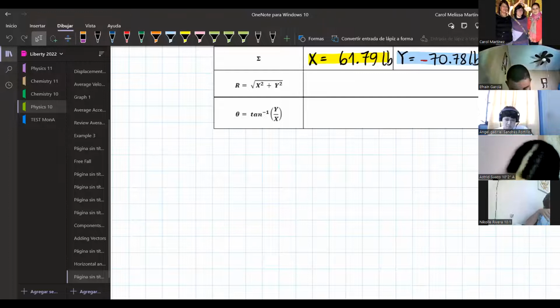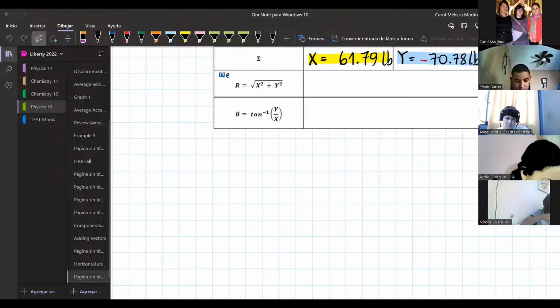So to get R, remember we have the formula that is the square root of X squared plus Y squared. So we apply the formula. Remember that in R, we use only positive values, okay?